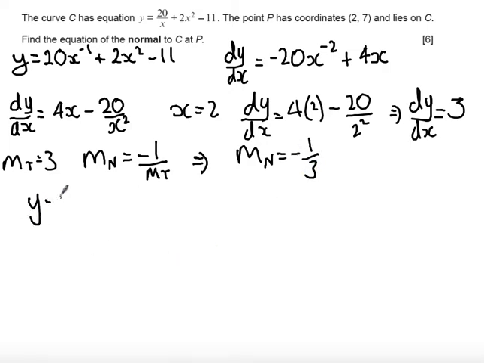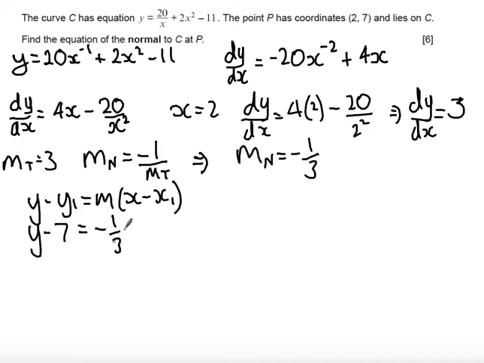Using y minus y1 equals m(x minus x1), we get y minus 7 equals minus 1/3 times (x minus 2). I'm going to tidy it up and simplify it so I get one constant. I'm going to multiply everything by 3 to get rid of the denominator and get rid of the fraction.